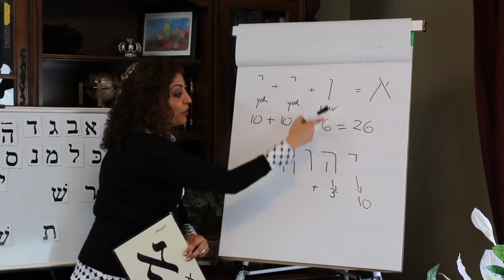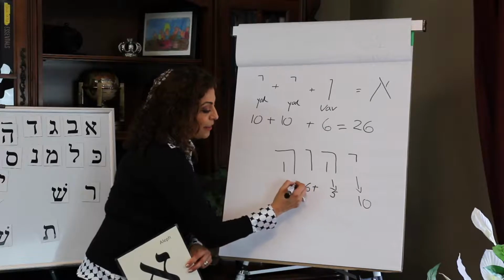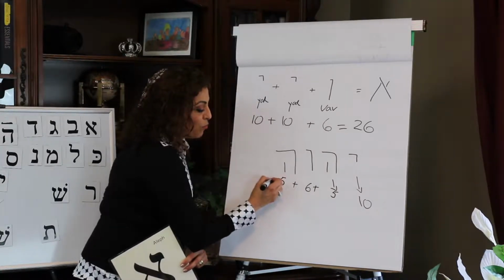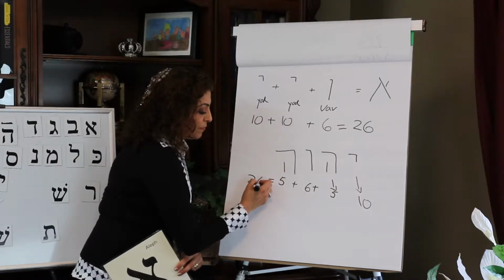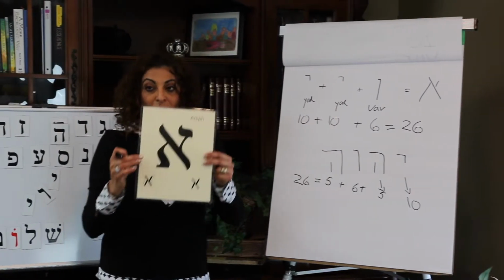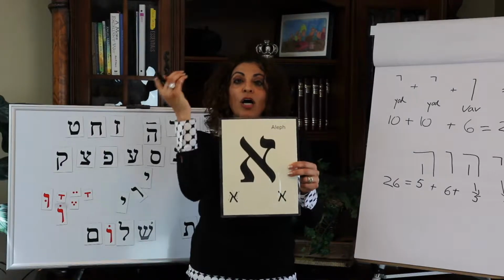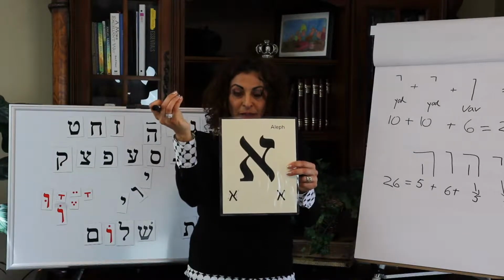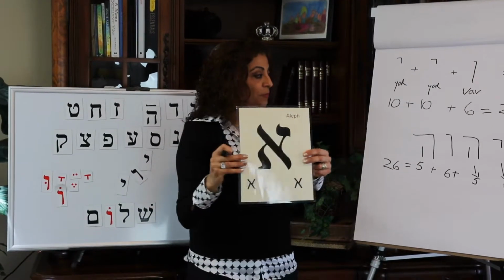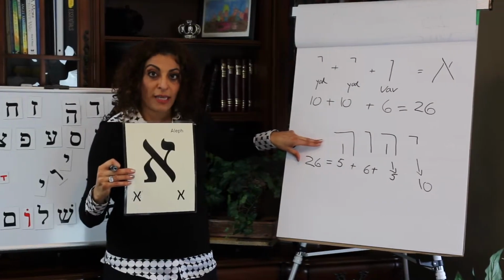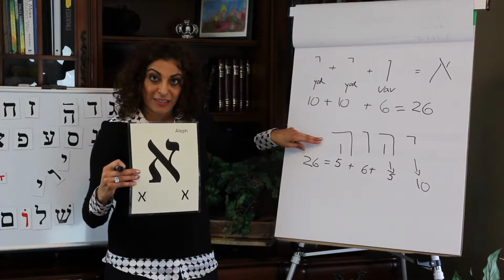Vav, as we learned from here, is 6. And then Hey again is 5. What do we get? 26. Aleph, God's name, the concept of divinity is 26. God's most holiest name, 26.